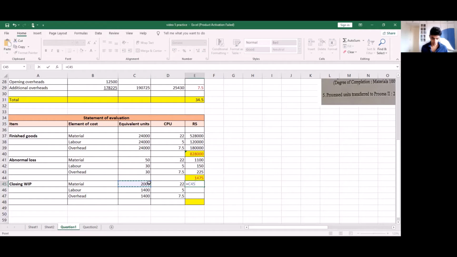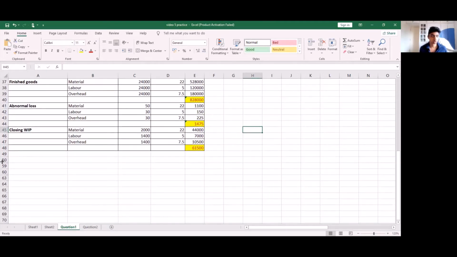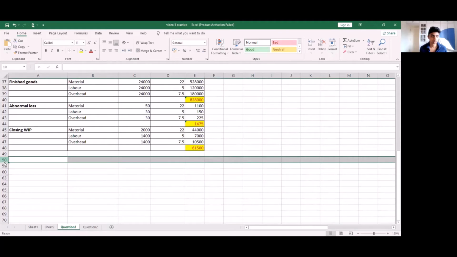We'll multiply 2,000 with 22. Do the same for labor and overheads. And finally, add the three values to get our total for closing work in progress. With this, we're also done with our statement of evaluation, and we can move on to our final account, which is our process account.